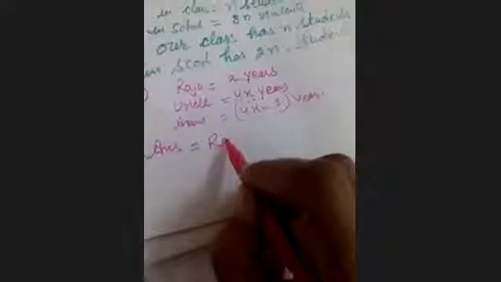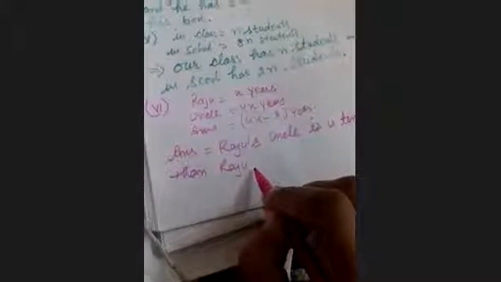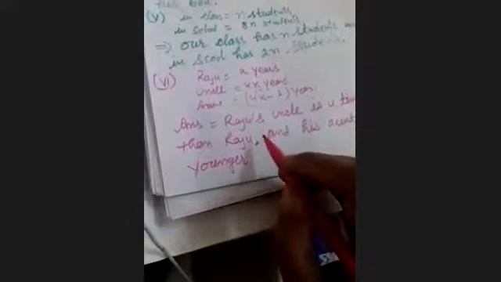Raju's uncle is 4 times older than Raju, and his aunt is 3 years younger than his uncle.